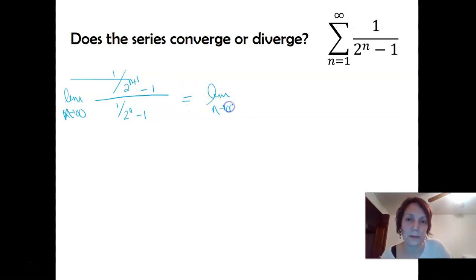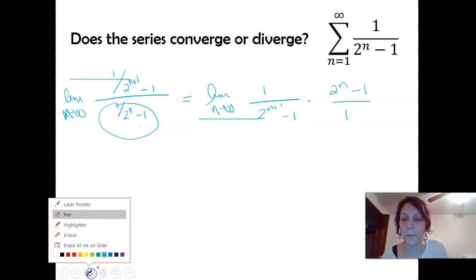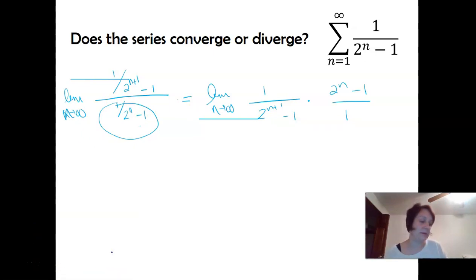And then let's do an invert and multiply. So this turns into 1 over 2 to the n plus 1 minus 1 times 2 to the n minus 1 over 1. So all I did is I took this, I flipped it over, and brought it up as a multiplier, because I don't want to have to deal with a fraction and a fraction.